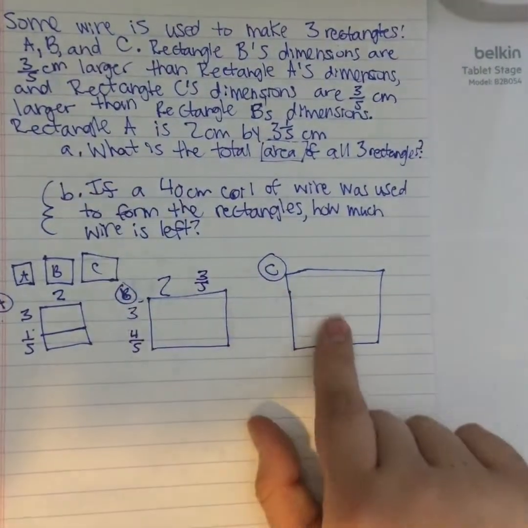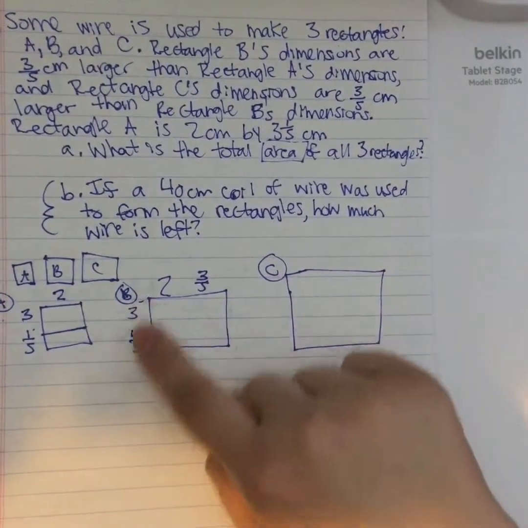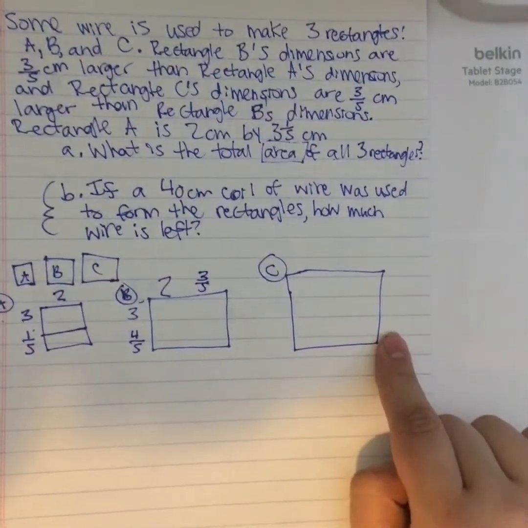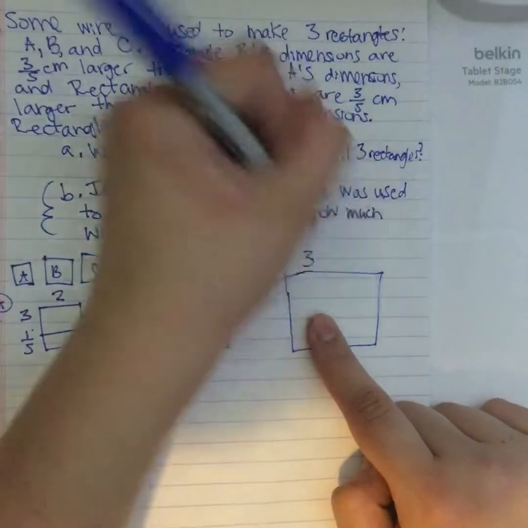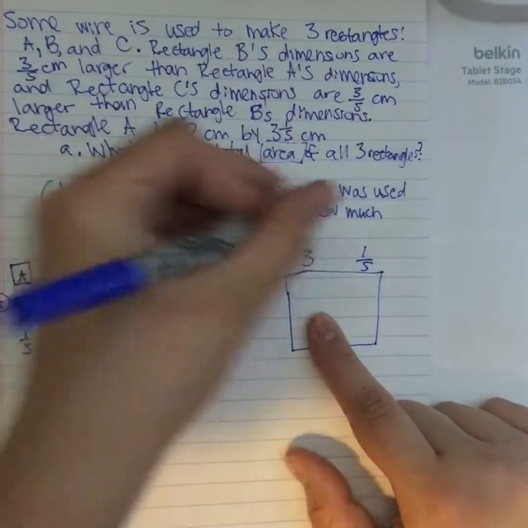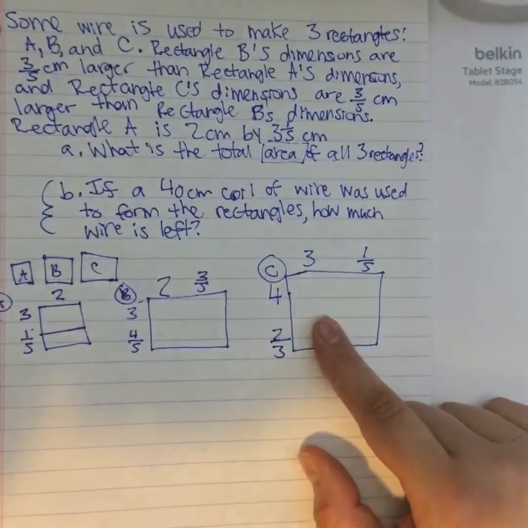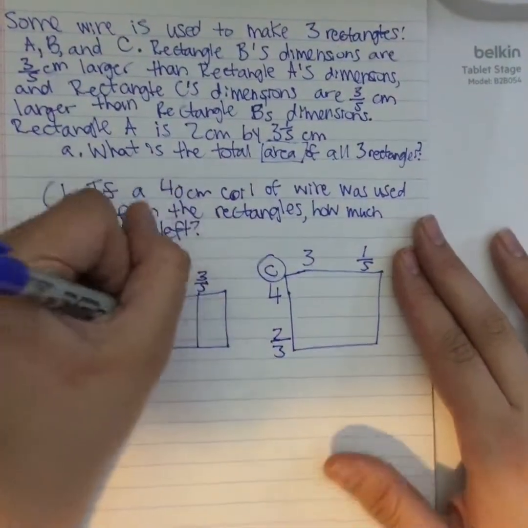Please take your time and solve these ones on your own. Pause the video, solve each of these on your own before resuming. For C, we have 3 1/5 by 4 2/3. So those are the dimensions in each of these rectangles.